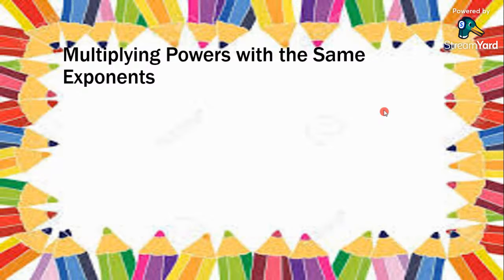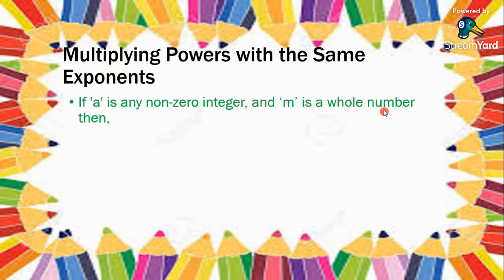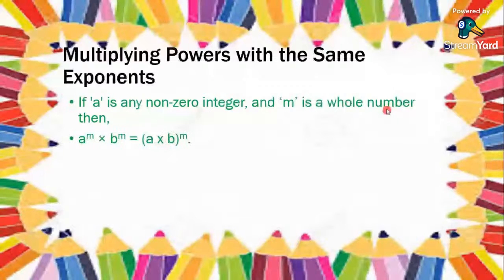Multiplying powers with the same exponents. If a is a non-zero integer and m is a whole number, then a to the power of m into b to the power of m is equal to a into b whole to the power of m.